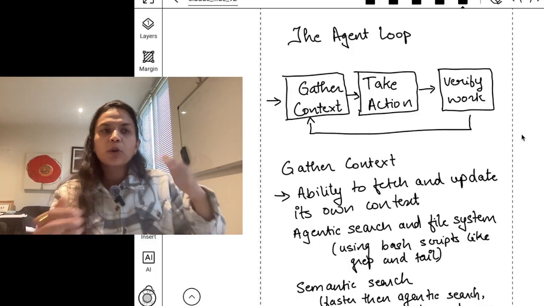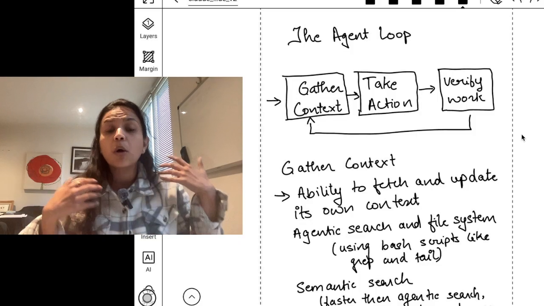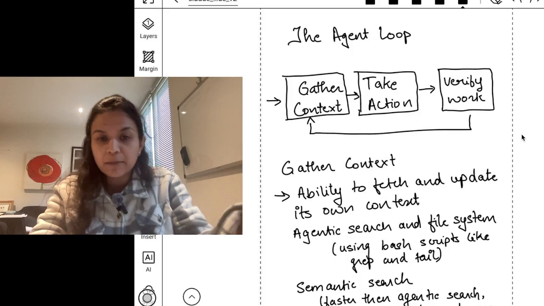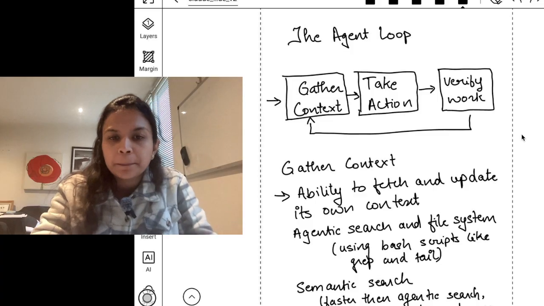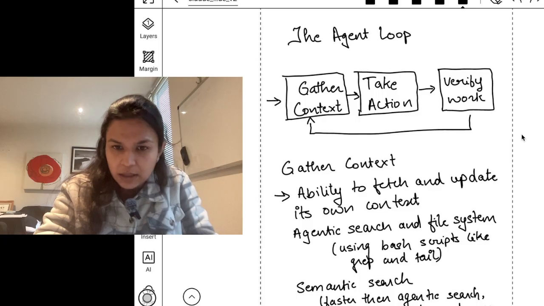For your coding agent to understand that entire code, it also needs access to the file which has the implementation of that middleware. So semantic search can miss out on those things, so it's less accurate.